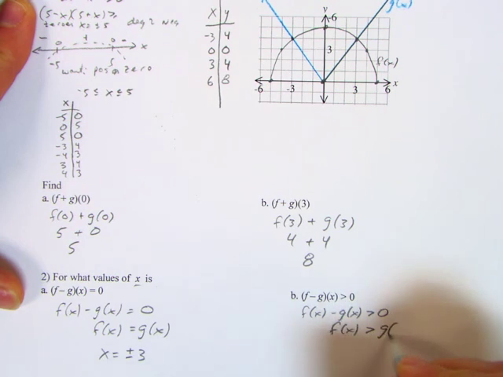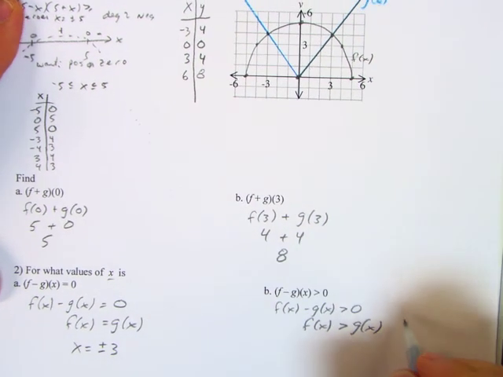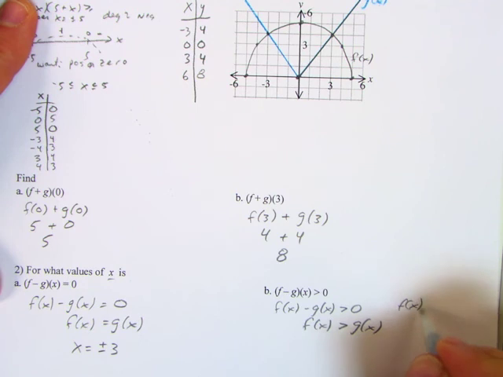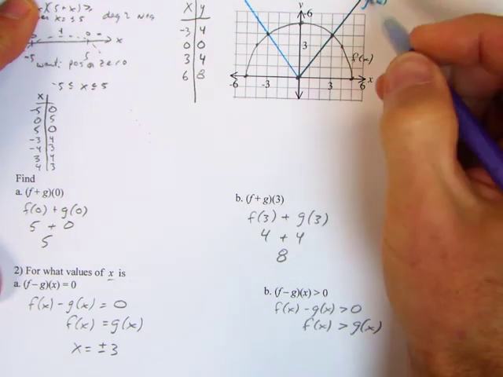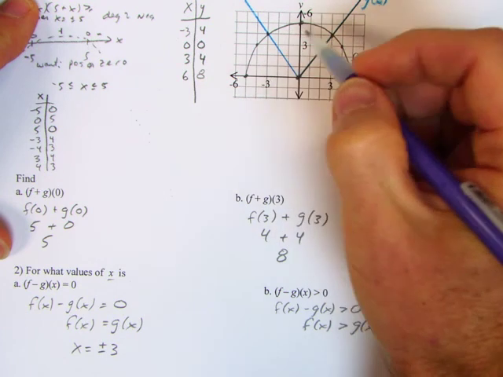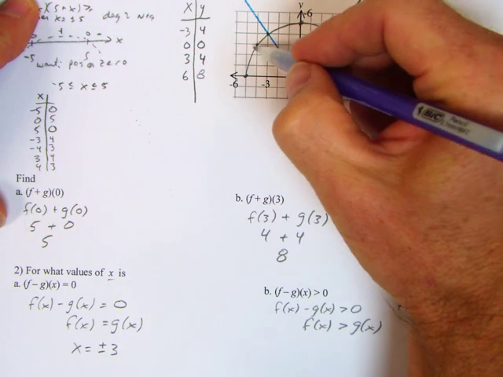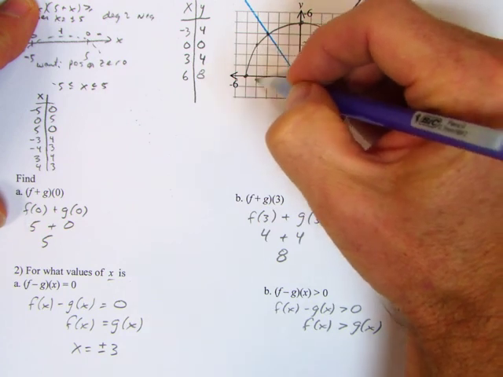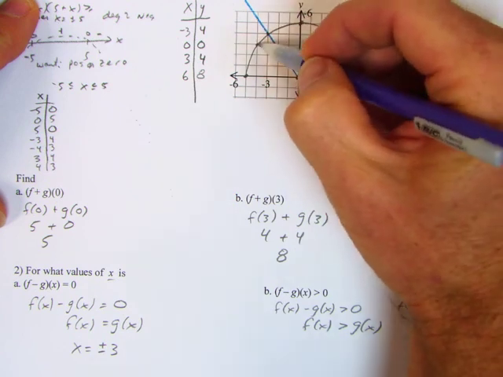This time we're going to look at where f is bigger than g. Where is f above g? So we want f to be greater than, above the graph of g. So let's look at our graph in here. Where is the f value bigger than the g value? If I look at, let's say, this point right here at -4, the blue graph, which is g, is above the f graph.